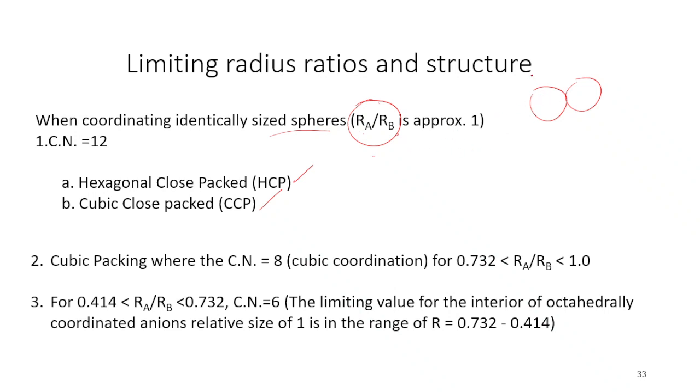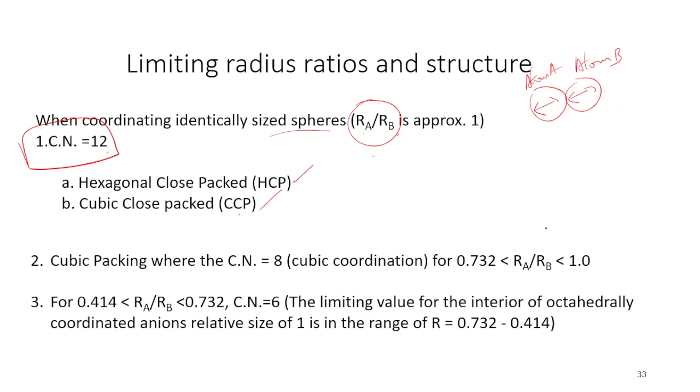Say this is atom A of one element and this is atom B of another element. If they are almost identically sized, they'll usually have a coordination number of 12 and they will usually be either HCP or CCP.